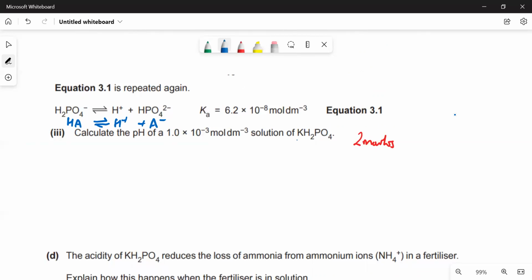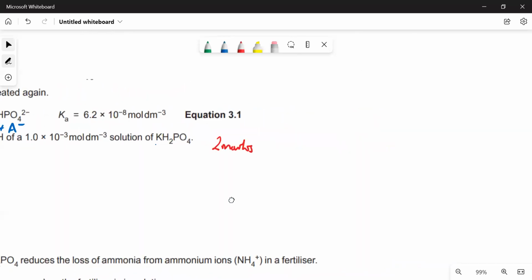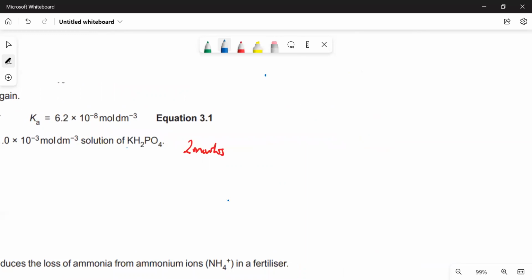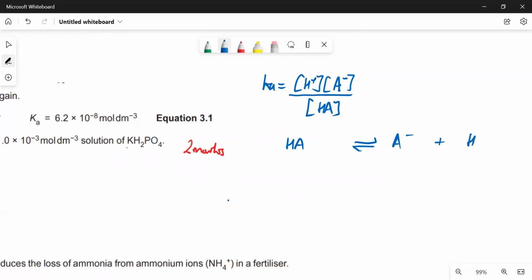So let's do it here. We know that Ka for a weak acid is equal to the H plus concentration multiplied by the concentration of the conjugate base, A minus, over HA. So I'm going to write down the equation here. We've got HA, and that's going to dissociate to give us A minus and H plus.